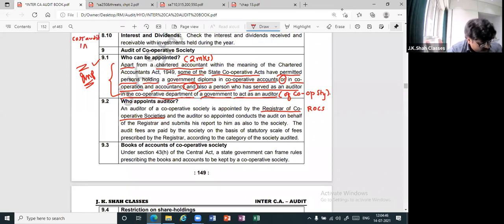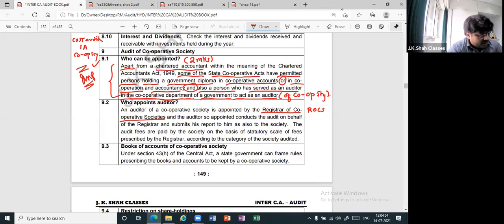Second, internal audit. And lastly, cooperative society audit. These three. Chartered accountant is not the only criterion. In fact, in the first, chartered accountant is not a criterion at all. In the second one, chartered accountant is a criterion, whether you hold a COP or not. Here also, a chartered accountant can be appointed, but it is not restricted only to chartered accountancy. All cool? Okay, next.